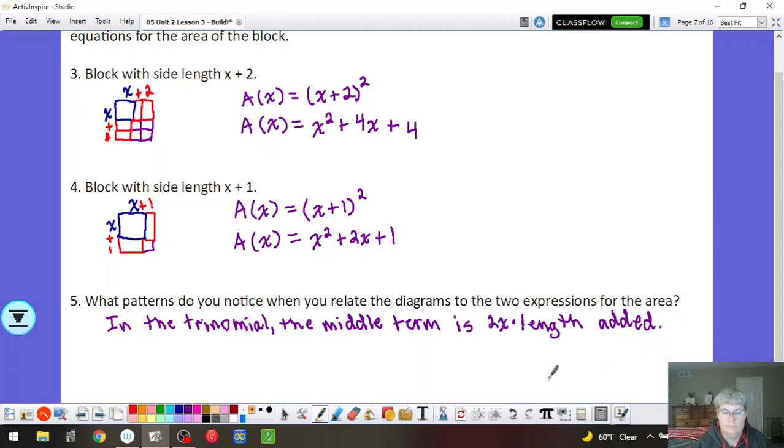The third term is the square of the length added.